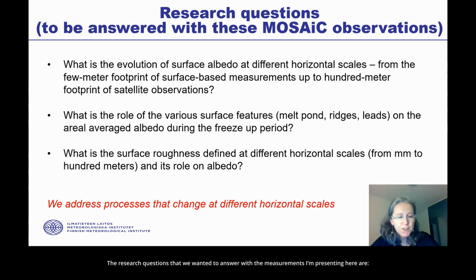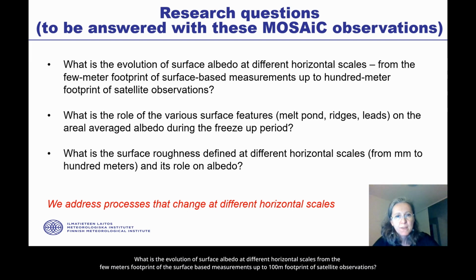The research questions that we wanted to answer with the measurements I'm presenting here are: what is the evolution of surface albedo at different horizontal scales, from the few meter footprint of surface-based measurements up to 100-meter footprint of satellite observations?